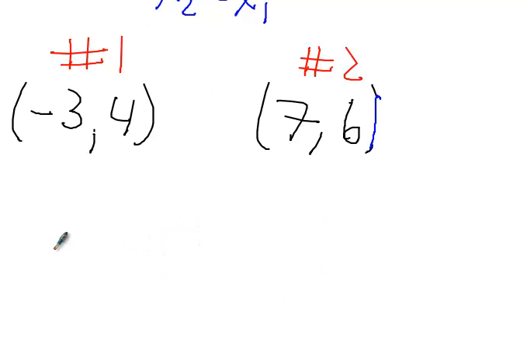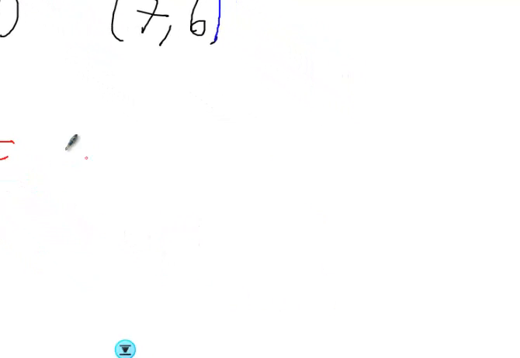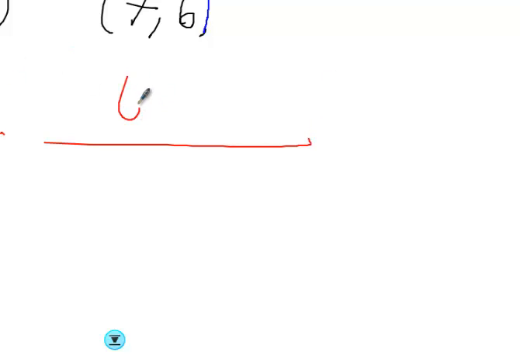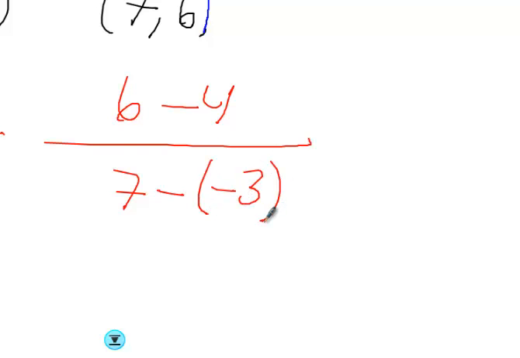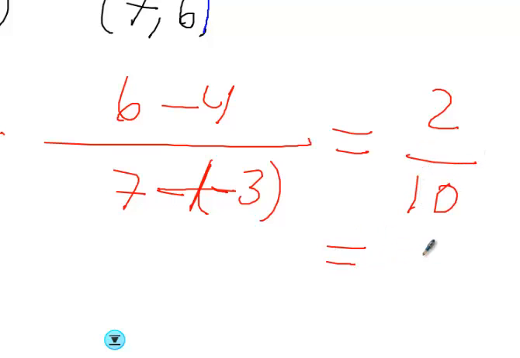All right, so again, our m, or our equation, is going to be 6 minus 4 over 7 minus -3. All right, so 6 minus 4 is going to give us 2. 7 minus the -3 is actually a super plus, so it's really 7 plus 3, which is 10. Or that also simplifies down to 1/5.